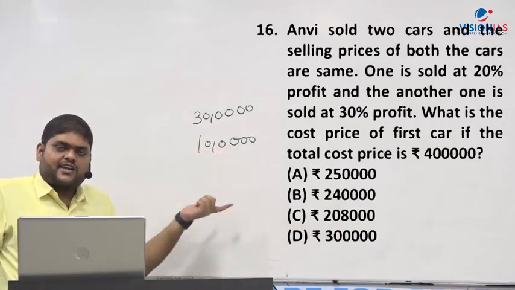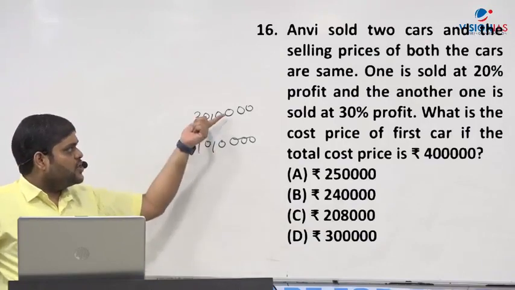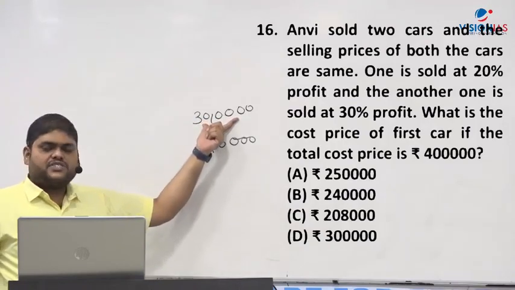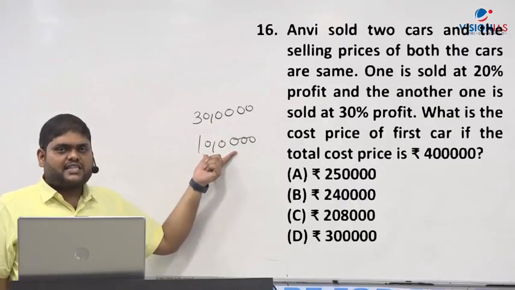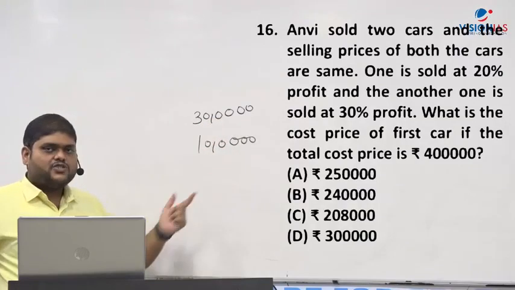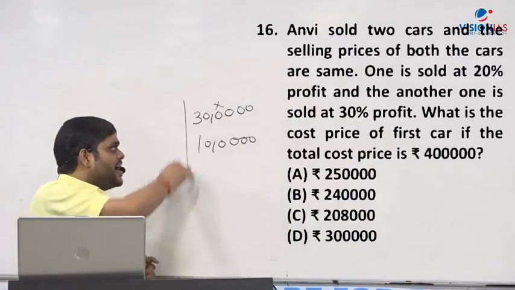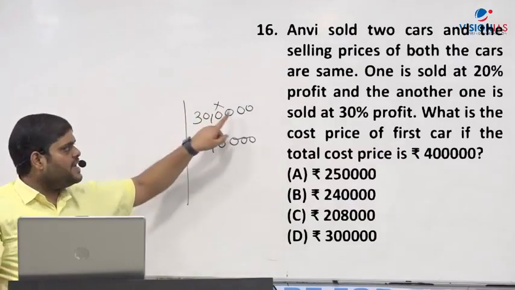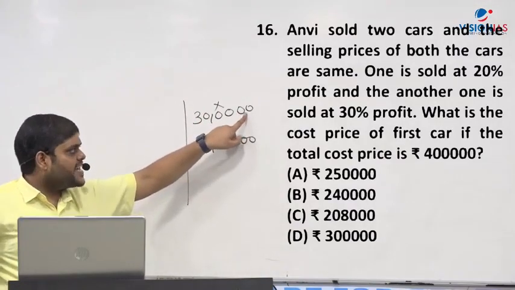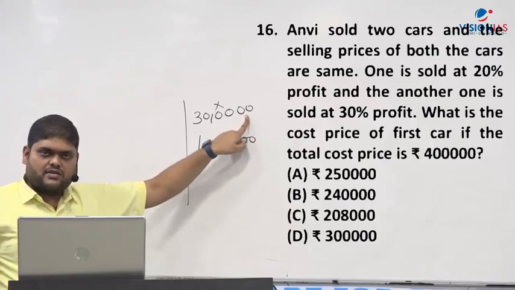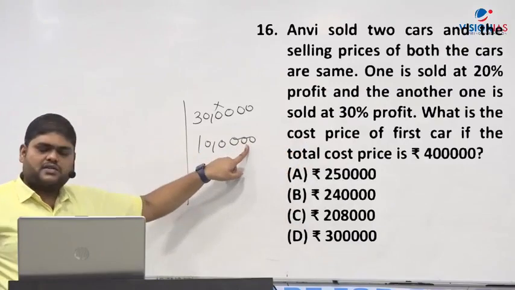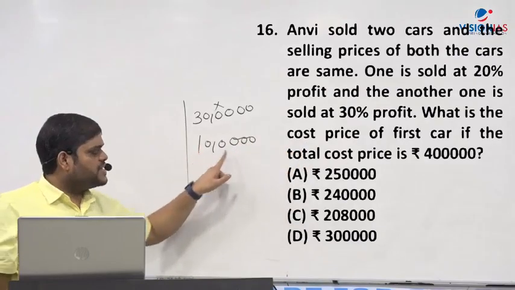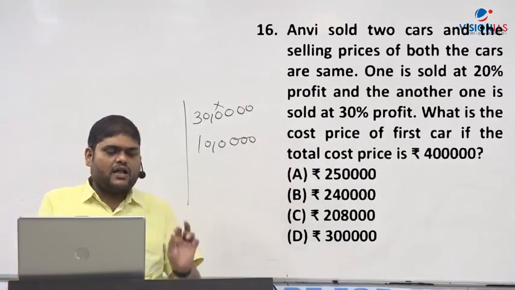No, we cannot, because 20% of this becomes 60,000 and 30% of this becomes 30,000. 10% becomes 30,000, 20% becomes 60,000, and 30% of this becomes simply 30,000. Both are not equal. This is wrong.